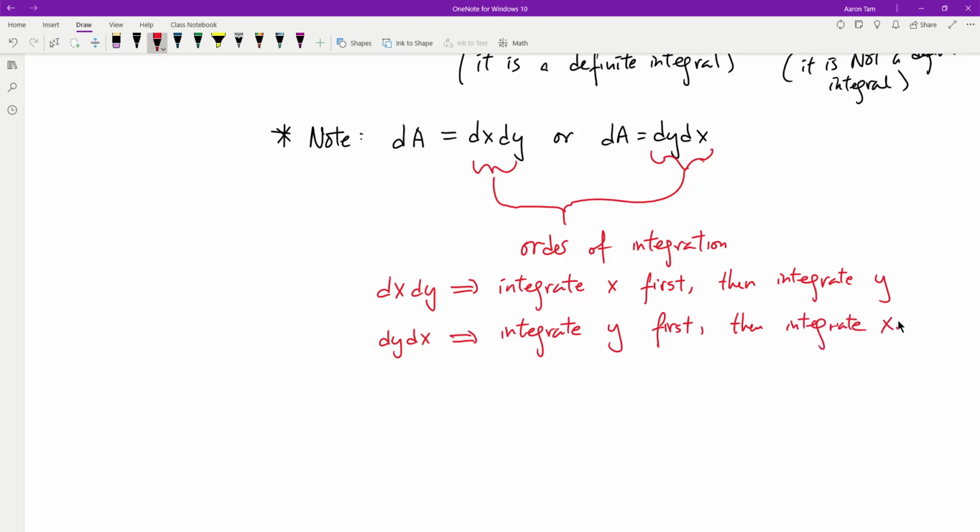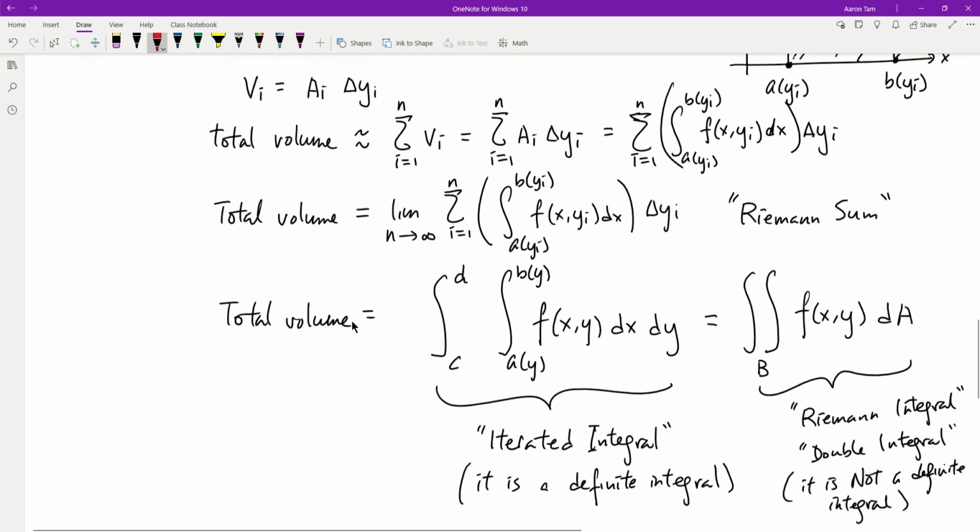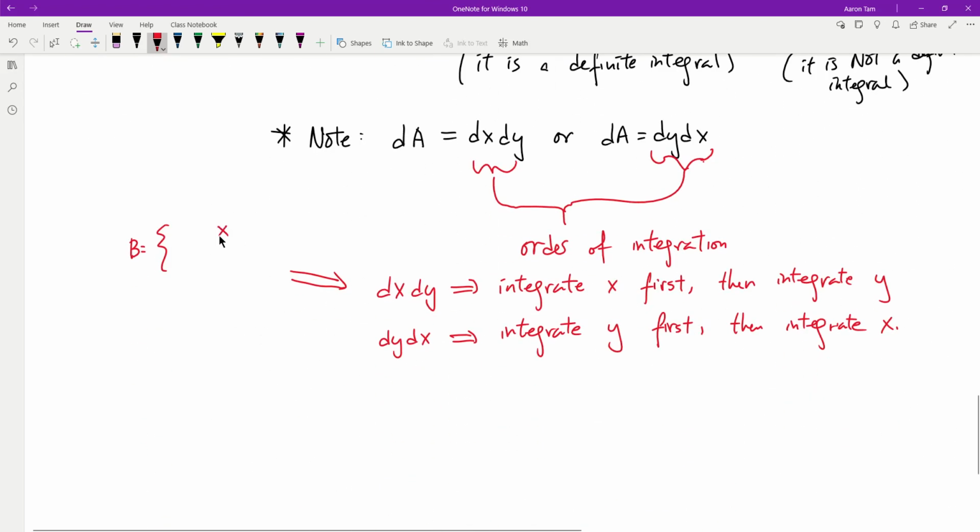And remember, because both of these directly tie to the way we describe our regions, this dx dy usually comes from region B described the following way: x between A of y and B of y, and y between C and D.